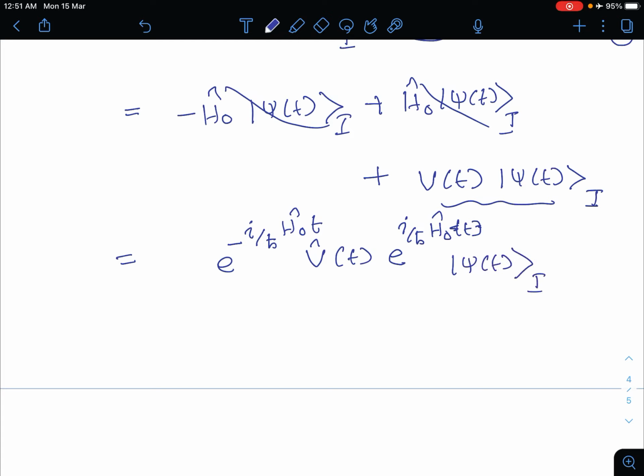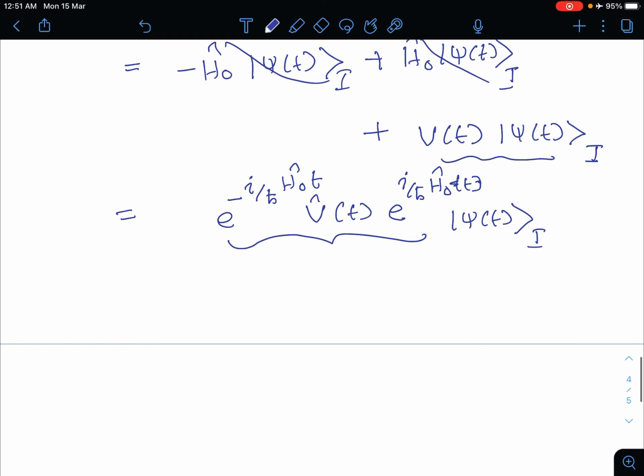Now I will call this V I of t. This can be multiplied because e raised to minus and e raised to plus is actually 1. So I'm just pre-multiplying by e raised to minus i by h cross H0 t V of t into e raised to i by h cross H0 t into psi of t I. So that is V I of t into psi of t I. This is what we will be getting.